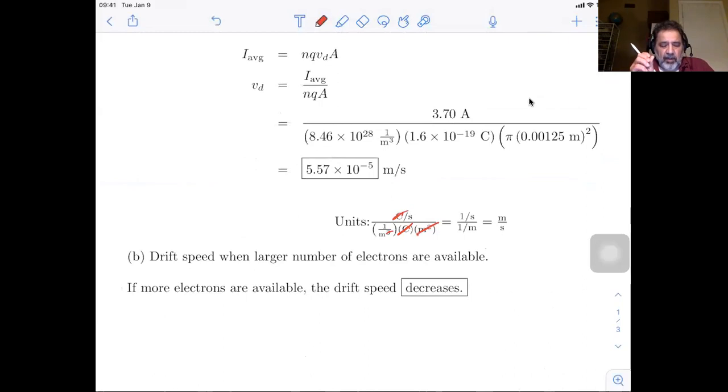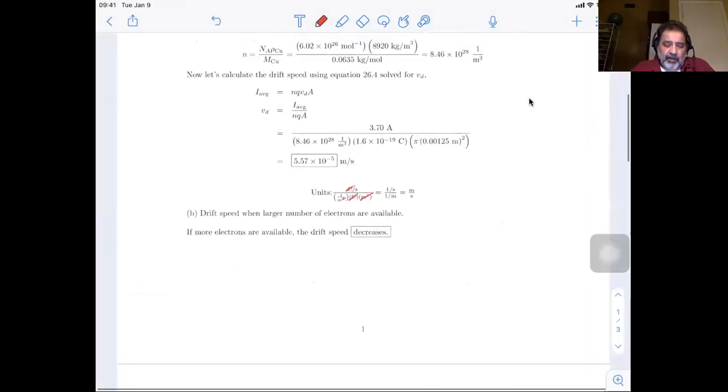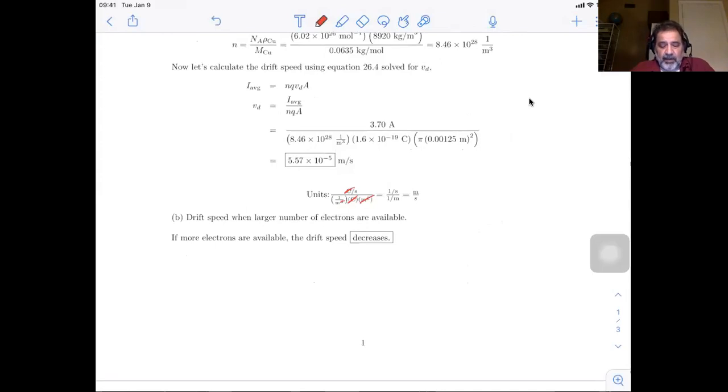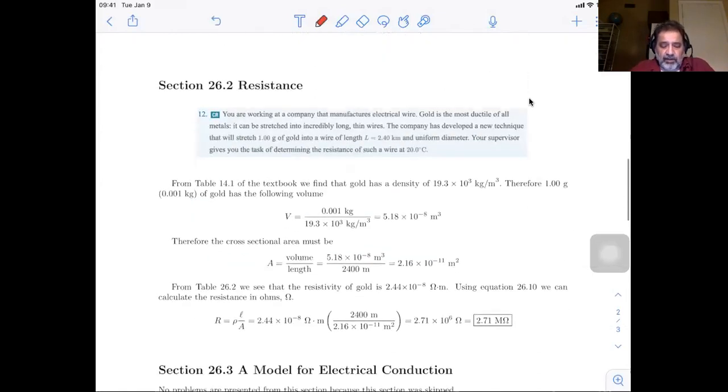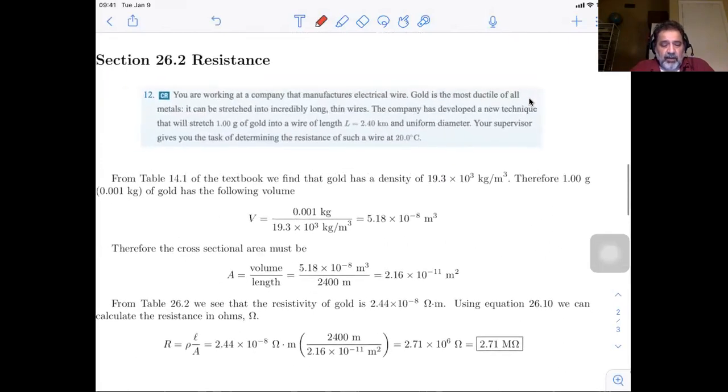If more electrons are available, the drift speed decreases. In other words, if there are more electrons, then they don't have to go as fast to get the same current. Okay, and that's it for number 4. Let's go on to number 12.